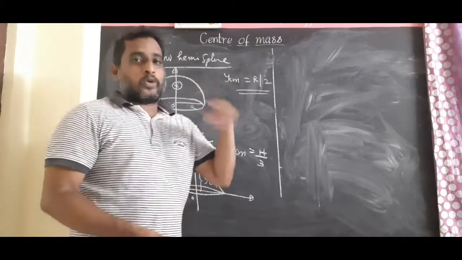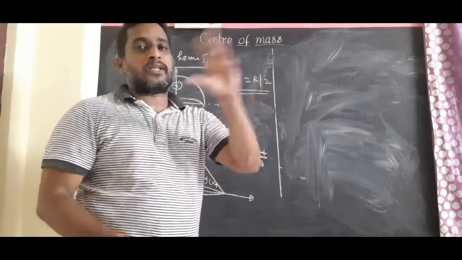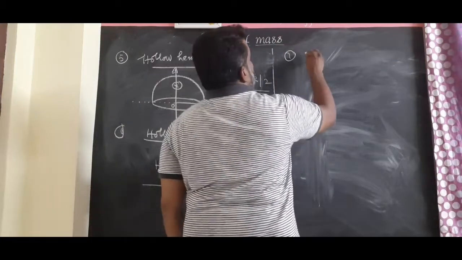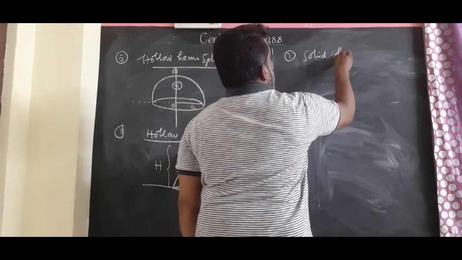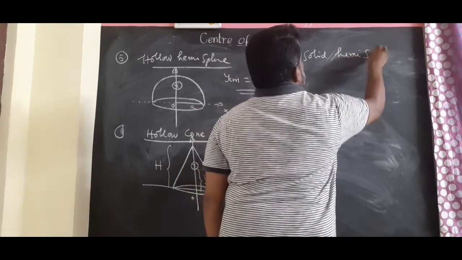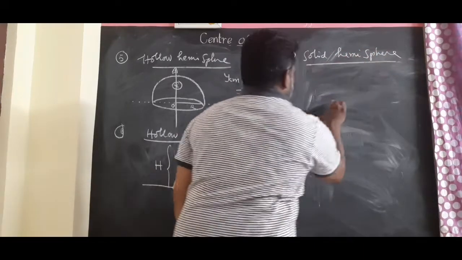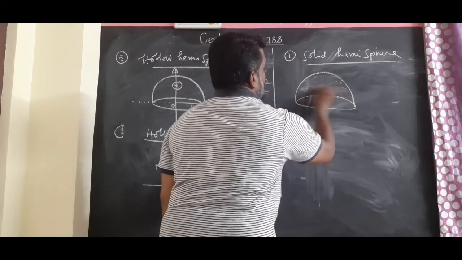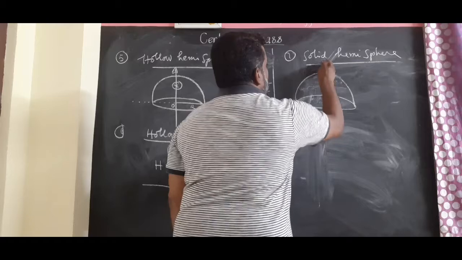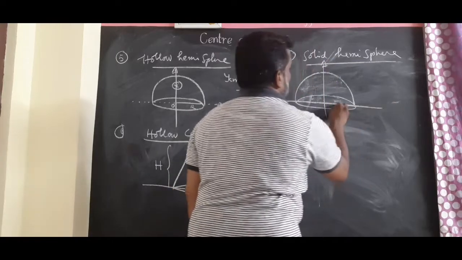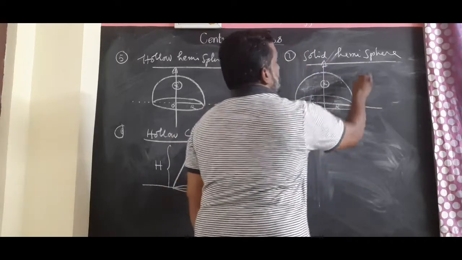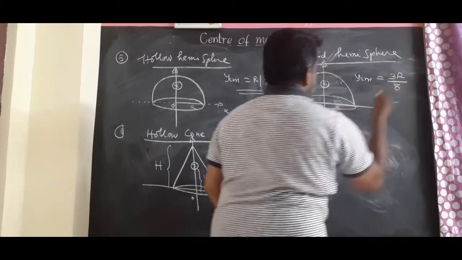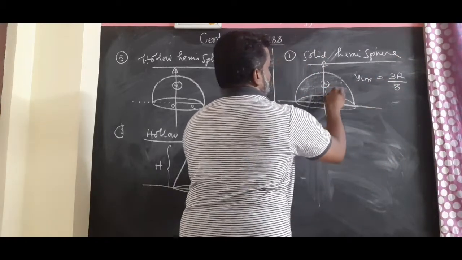Now let us look at two more simple examples which come under volume mass distributed bodies. Seventh one will be the solid hemisphere. In case of a solid hemisphere of radius r, the location of the center of mass is at a height 3r by 8 from the base.